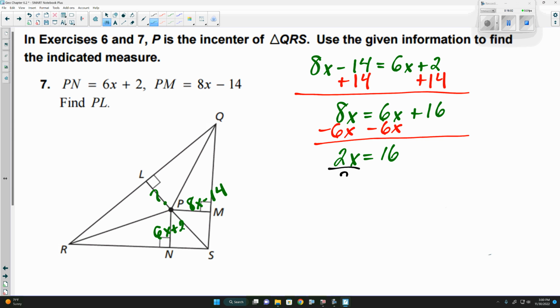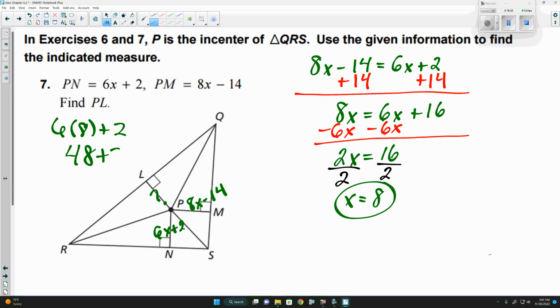And last but not least, we can divide both sides by 2, telling us x is equal to 8. And last but not least, we can plug it back in. So we can say 6 times 8 plus 2. So PL is 50. Any questions on any of this here?